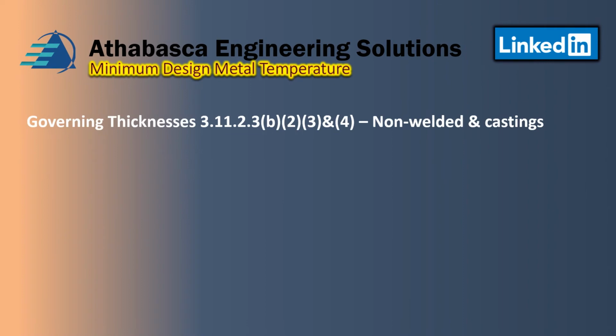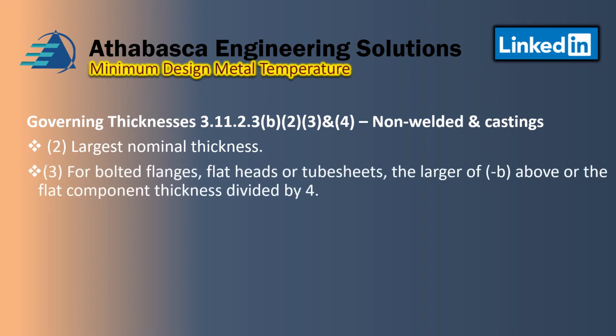Thicknesses for non-welded parts or castings, which are becoming more prevalent with the newer technologies that basically make parts without welded components. So refer to 311.23 Part B 2, 3, and 4. Basically we take the largest nominal thickness, or for bolted flanges, flat heads, or tube sheets, the larger of B above, or the flat component thickness divided by 4.